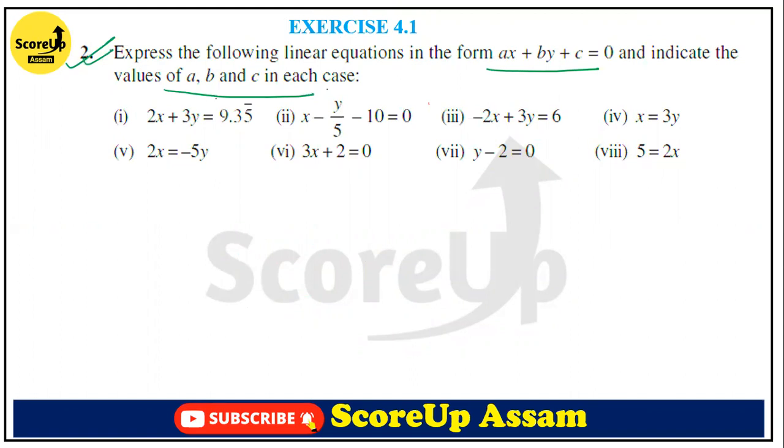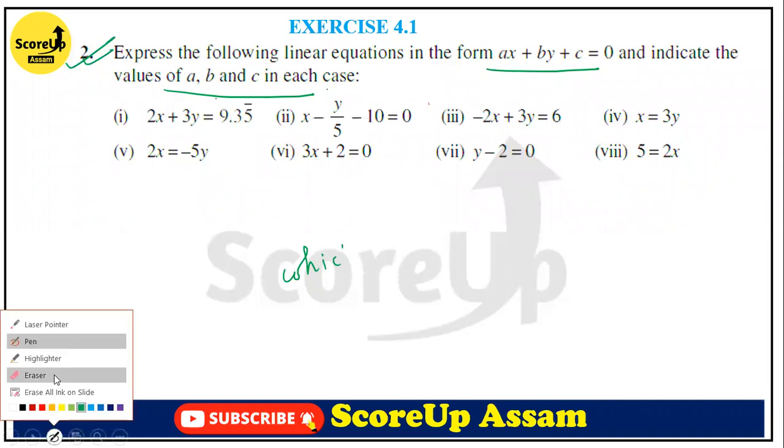Tell me which one I shall solve, and the rest will be given as homework. Two and seven. Okay, I shall solve 2 and 7, and the rest of the problems are homework for you.